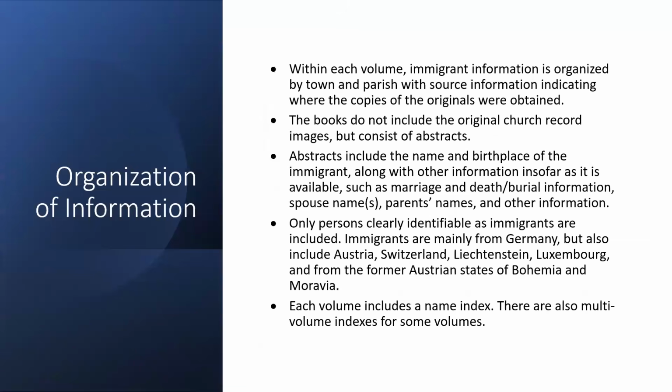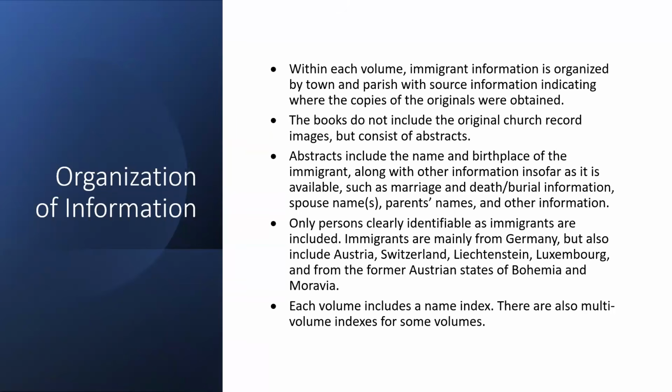The information in the German Immigrants in American Church Records books, which, by the way, we nicknamed GIACR for short, that's the acronym GIACR, this is the organization. Within each volume, there's immigrant information organized by town and by parish, with source information indicating where the copies of the originals were obtained.